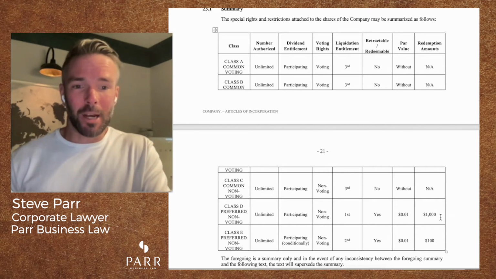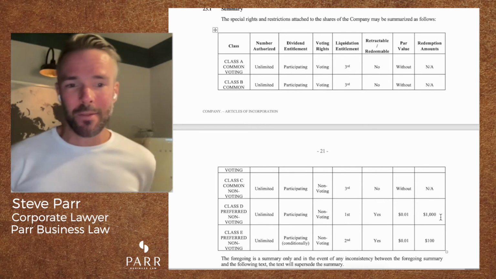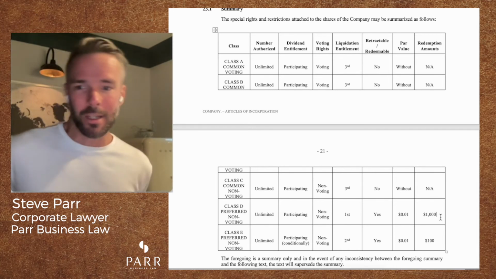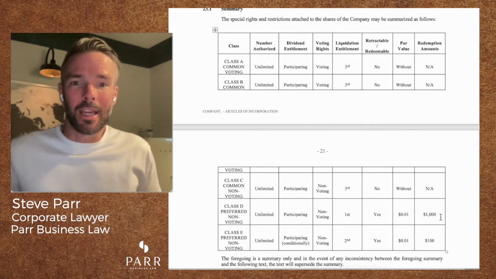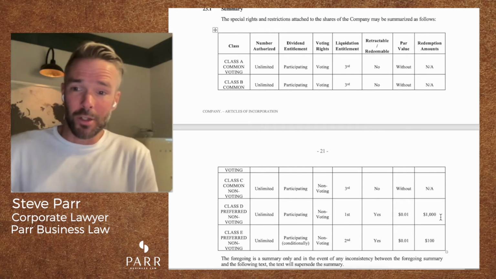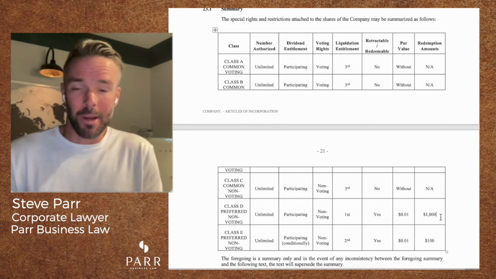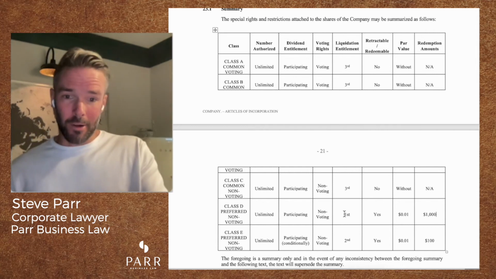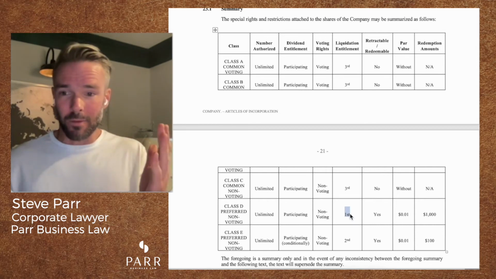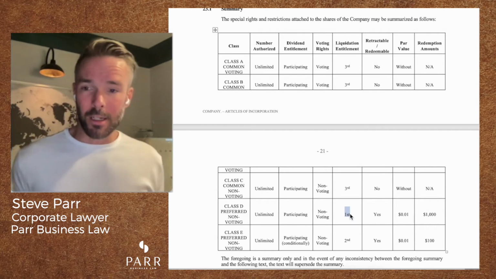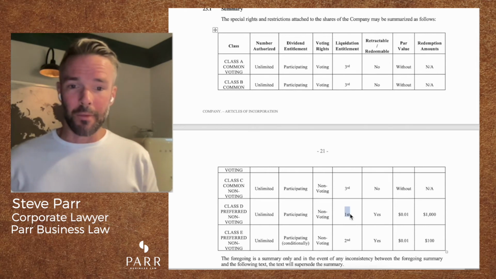But if the company isn't worth that much and doesn't even have $10K, then of course you can't fabricate money out of nothing. So you might get less on a liquidation event, on a dissolution event, than your actual redemption amount. But because you have this priority here, at least you're going to have first dibs at whatever monies are available upon the dissolution windup of the company.